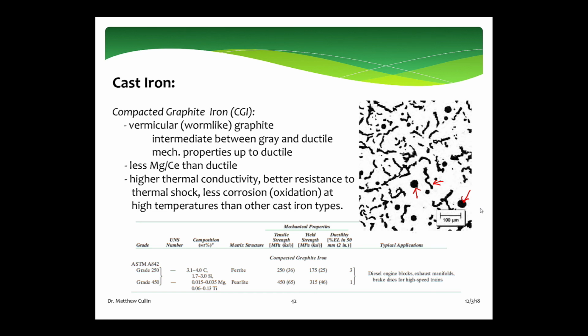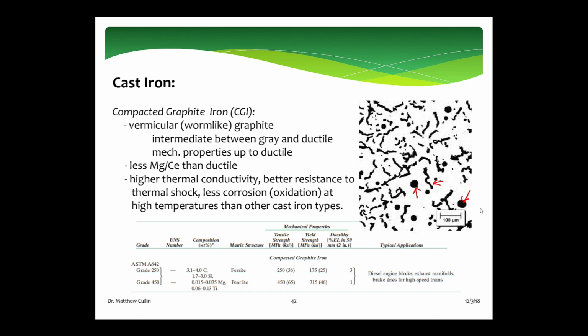It has some properties that we like. It has lower corrosion or oxidation at higher temperatures than ductile or gray cast iron. The mechanical properties are not fantastic, but again, they fall right in between gray and ductile cast iron.